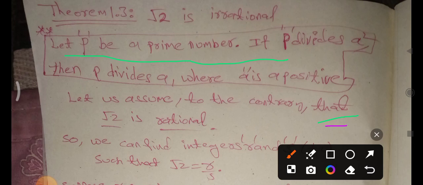Proof: assume, on the contrary, that root 2 is a rational number.